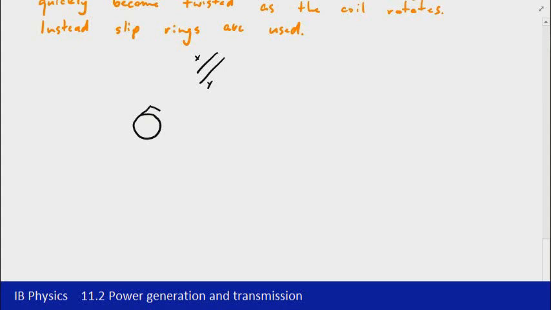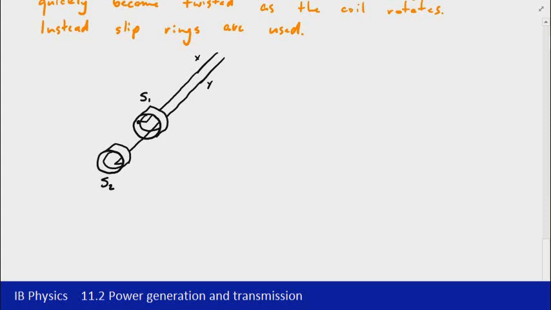So a slip ring is literally just a ring of metal, and we'll need two of them because we've got two wires, so we need two slip rings to connect those wires to. And basically all it is, this wire here from X, we're going to connect it permanently to this first slip ring, so we'll call that one S1, we'll call this one S2, and wire Y will be permanently connected to S2. So it's going to come in here and be attached to that side.